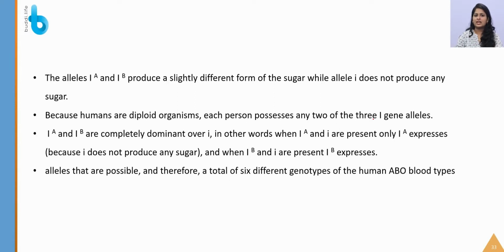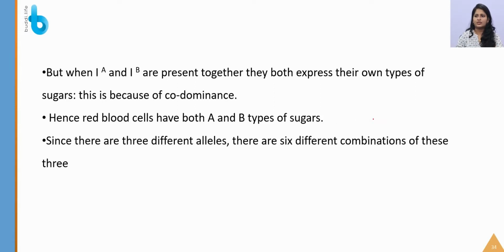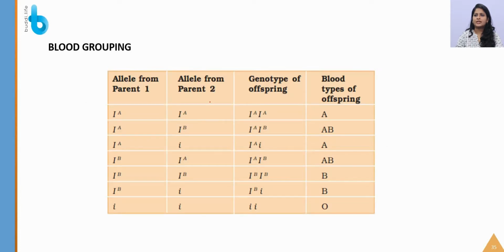These 3 can come in 6 combinations. So you can see this. IA and IA combine, it will be A blood group, and if IA and IB combine, it is AB blood group. So this is the codominance. 2 characters are being expressed here.